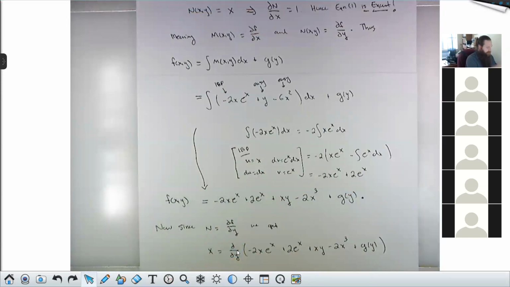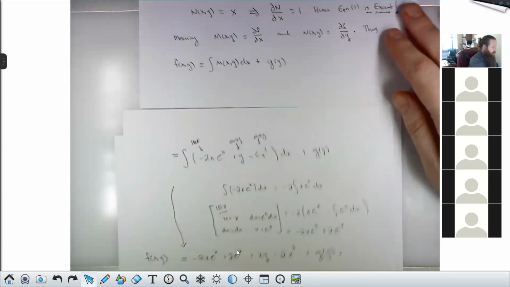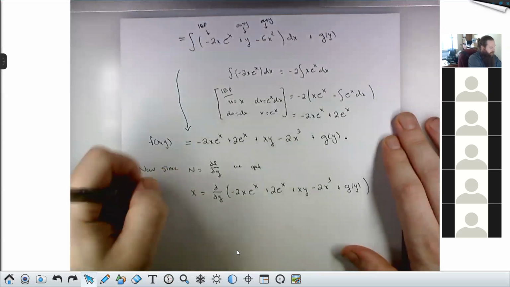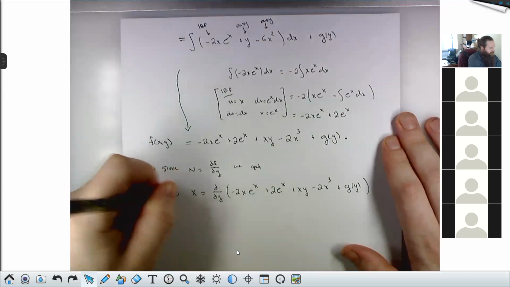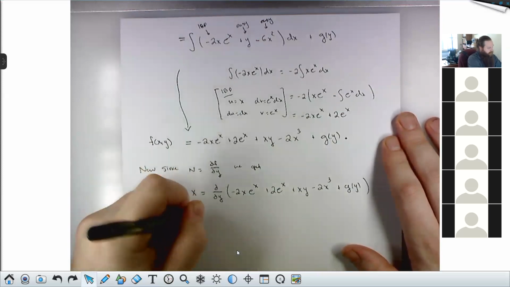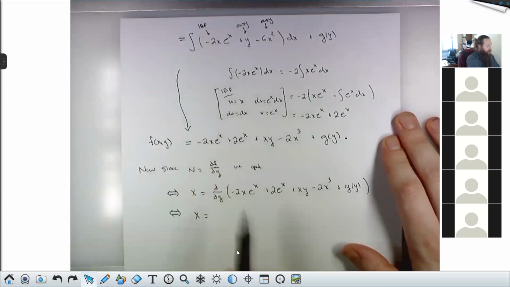So now you need to somehow set the x to 0. Well, we're going to go ahead and calculate this derivative. That's what we'll do first. This is an if and only if. So it's the following line. So x is equal to, if I differentiate this term with respect to y, I get 0. If I differentiate this term with respect to y, I get 0.